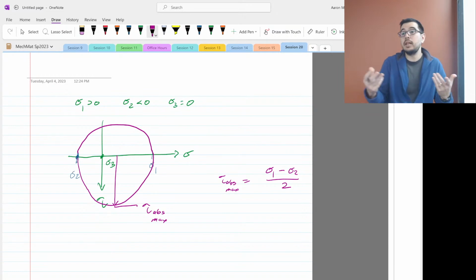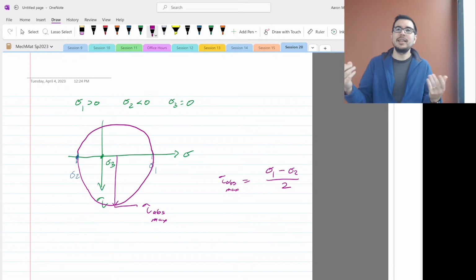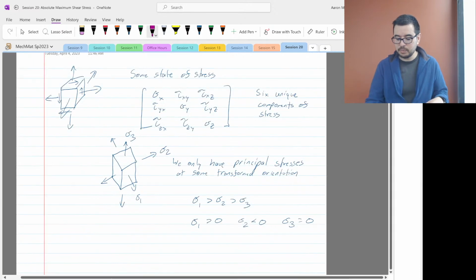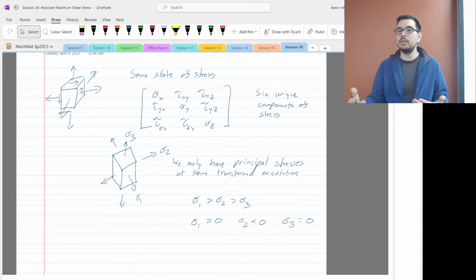It's looking at pseudo 3D states of stress and telling you what the principal stresses are. Once you have the principal stresses, we can figure out the absolute maximum shear stress. That's what we said at the very beginning: we start from some general state of stress, figure out what sigma 1, sigma 2, and sigma 3 are, and then figure out the absolute maximum shear stress.